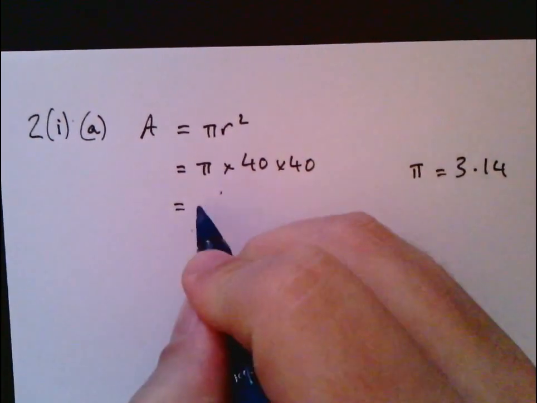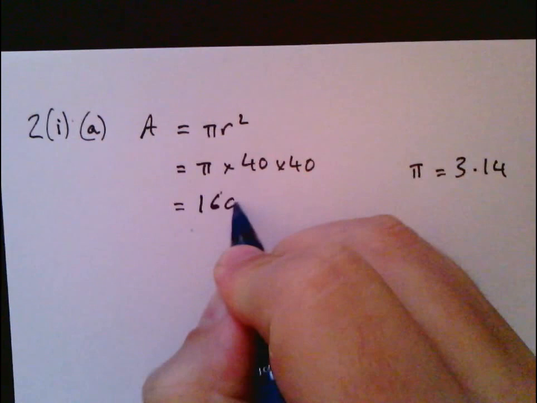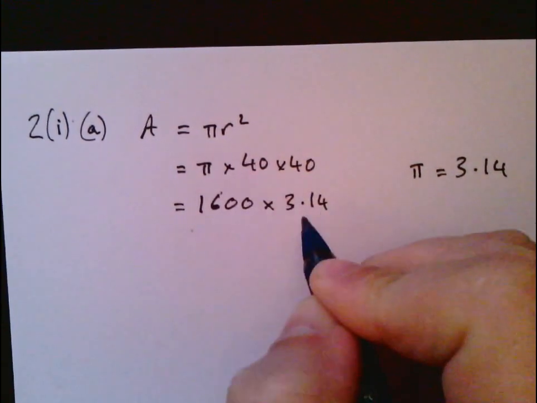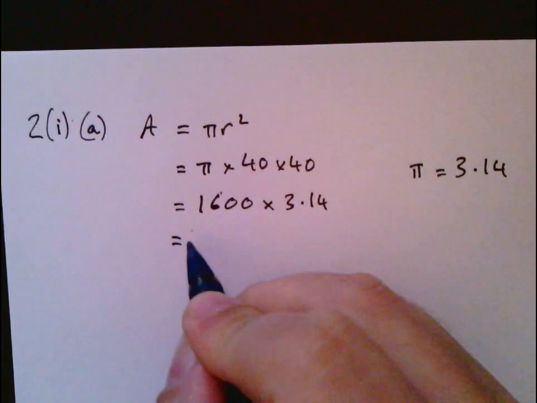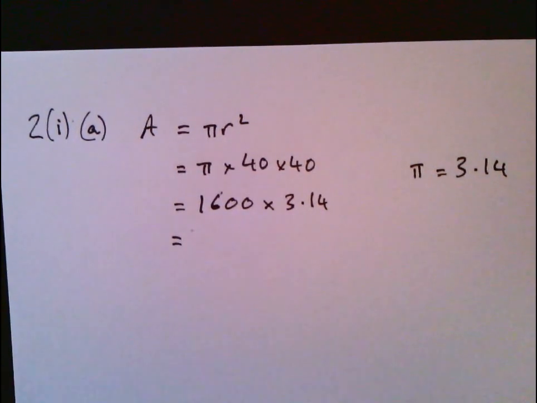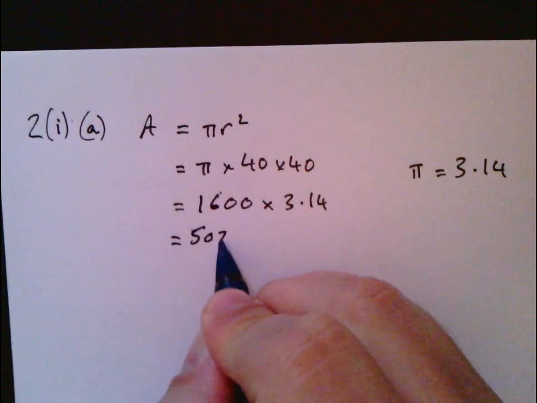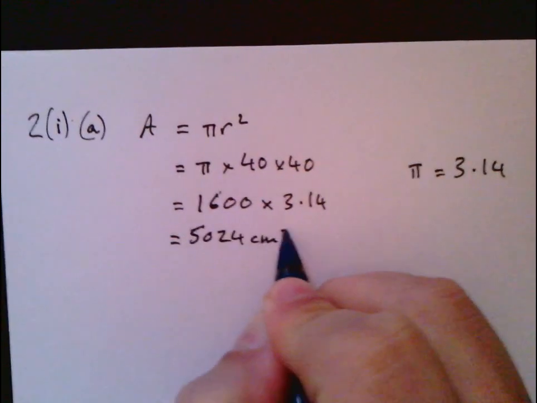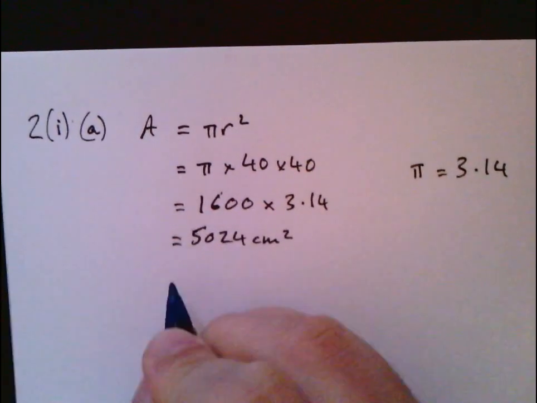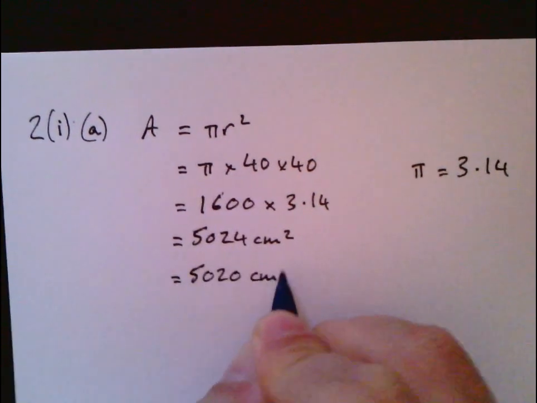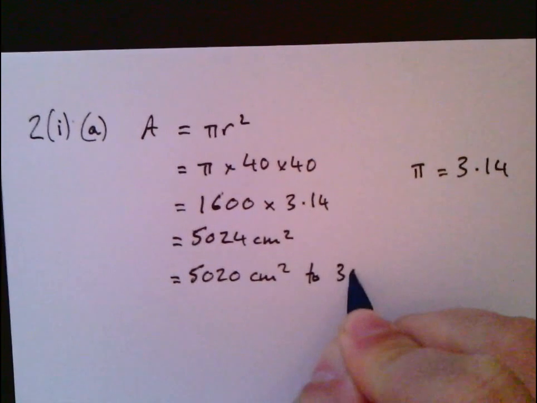And if I multiply that all out, 1,600 times 3.14, which is, let's use my calculator, is 5024 centimeters squared. So to 3 significant figures, that is 5020 centimeters squared.